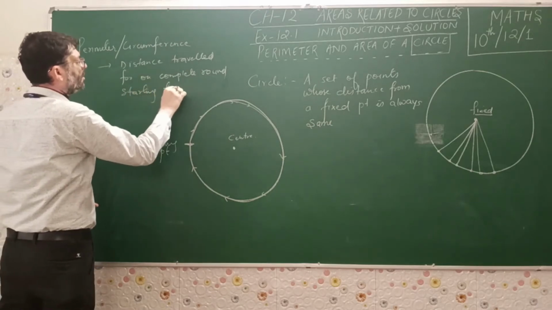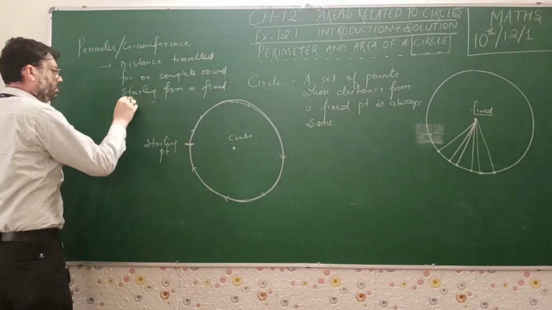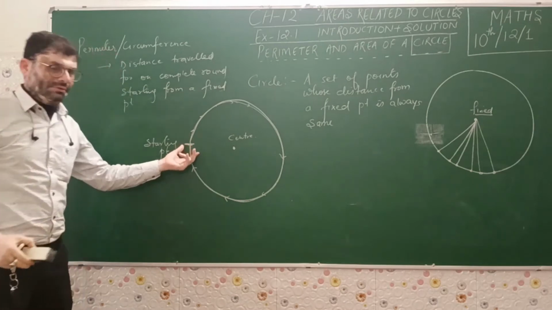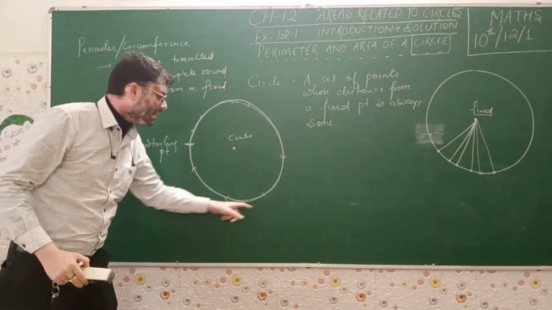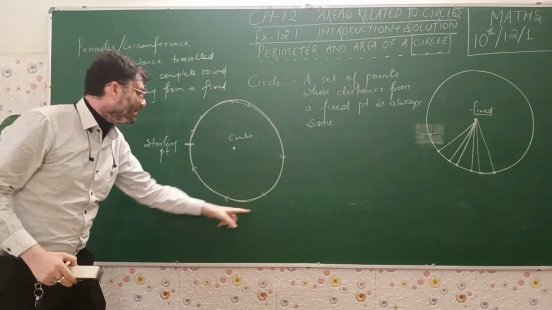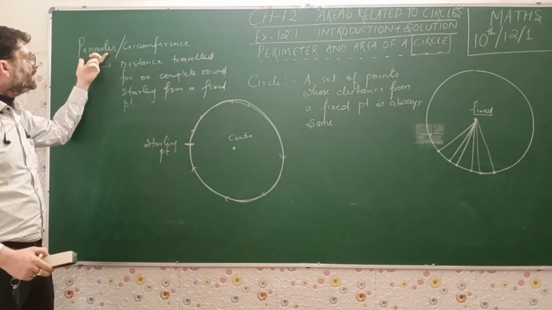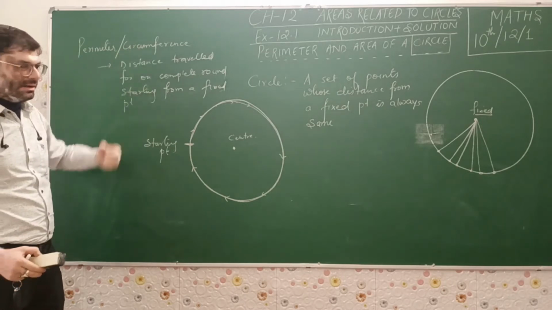We have started moving from this point, taken one complete round, and the distance that we have covered from the starting point till back to the starting point is called the perimeter, which in other terms is also known as circumference.